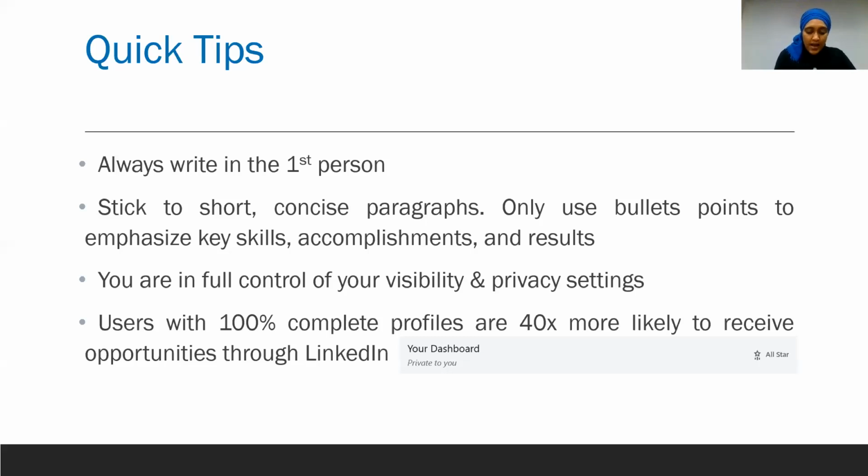The way the algorithm works is that they actually penalize you by not showing you. I'm not saying it's always going to be like this, but they may not show you in searches if your profile is not complete. Even if somebody searches for you by name, in which case you think you should be the first one in search results, they may not show you, because LinkedIn wants the users to get value.